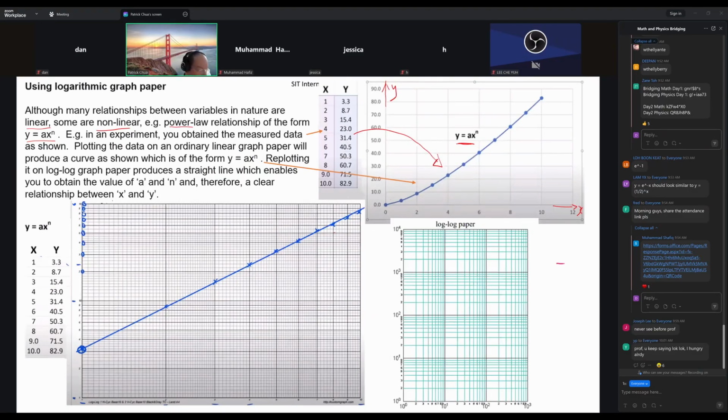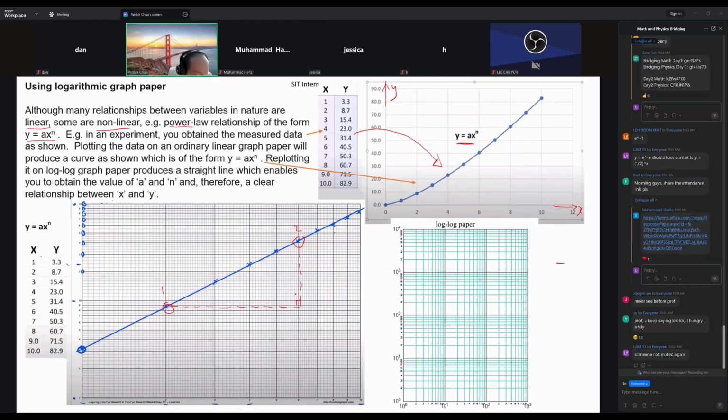In such cases, you will then be able to find what A is and what N is. Let's say you take this point here, this is your point 2, and this point here is your point 1. And here you can take the slope.